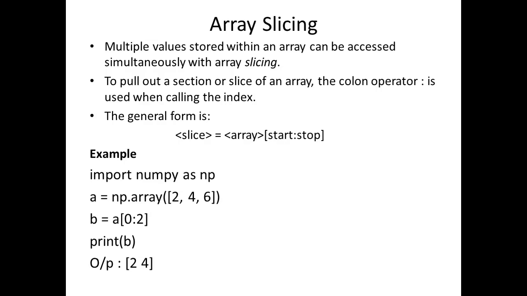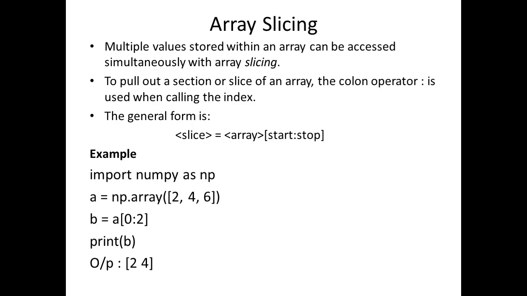Then, what is slicing? Multiple values stored within the array can be accessed simultaneously with array slicing. To pull out a section or slice of an array, the colon operator is used when calling an index, for example start and stop. Import NumPy as np, the necessary package, and create an array with the elements.